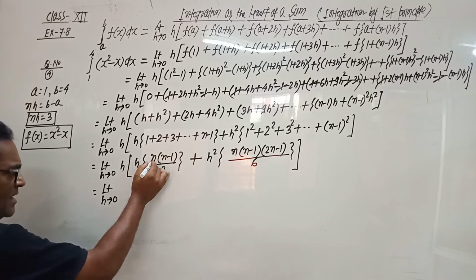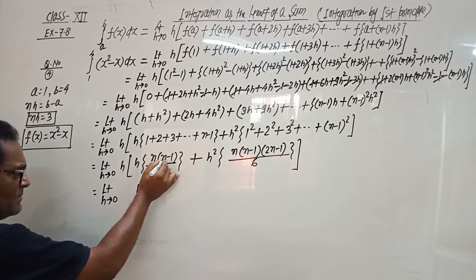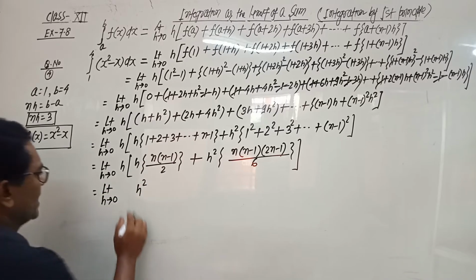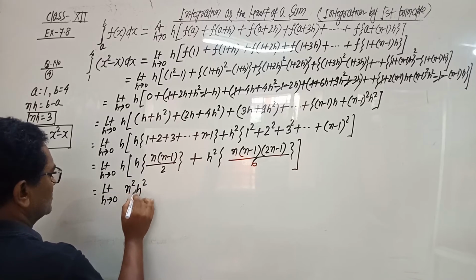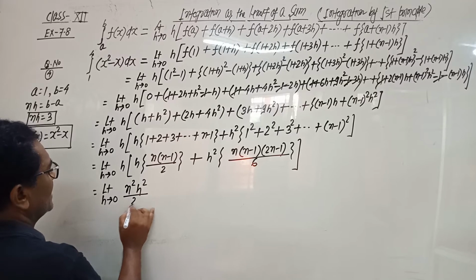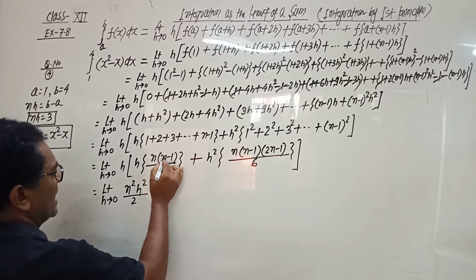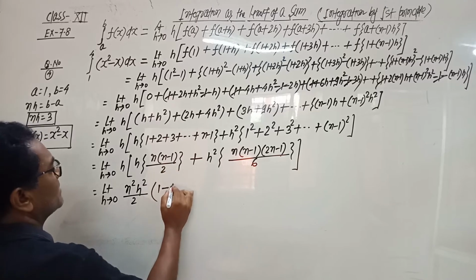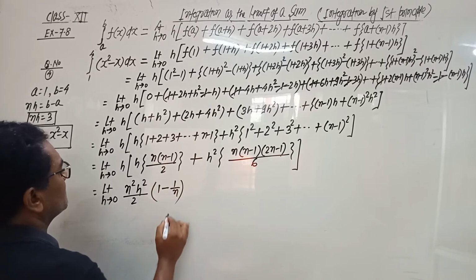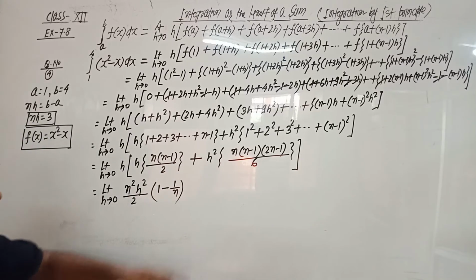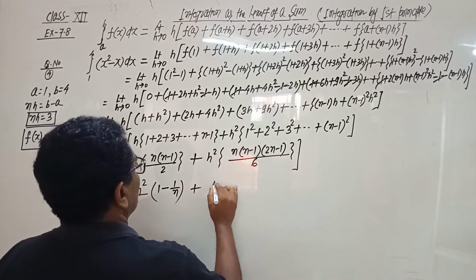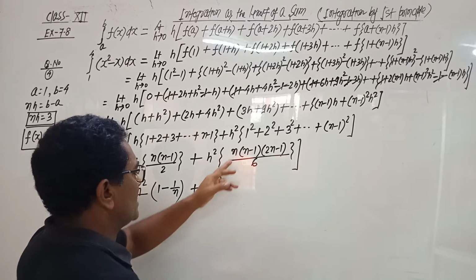This is n, and from inside the bracket we take n as common. So n into n becomes n square. So n square h square by 2, and we have taken n as common, so it remains 1 minus 1 by n. Then h square into h cube, and this is n.